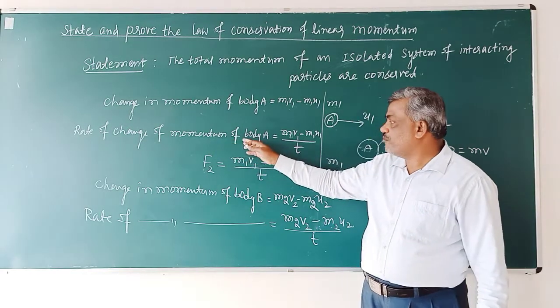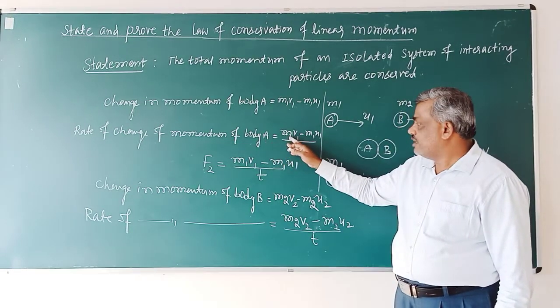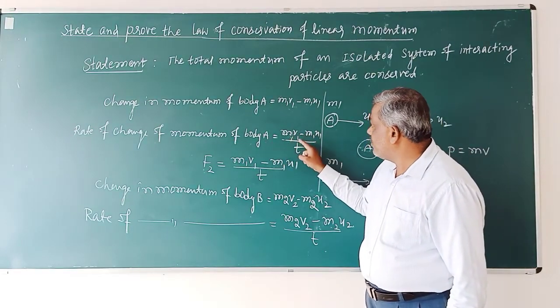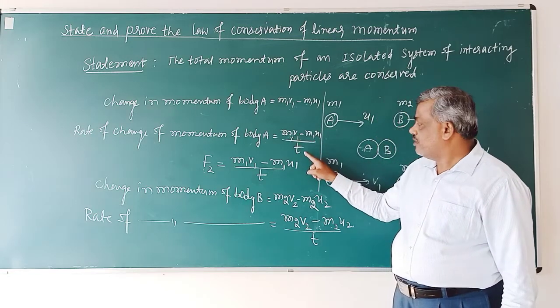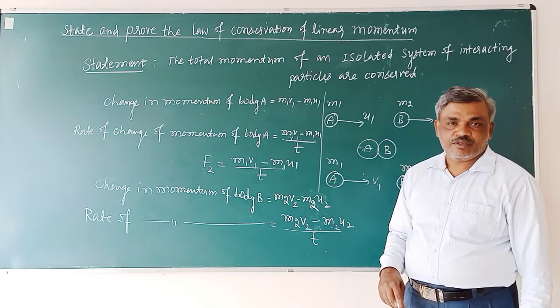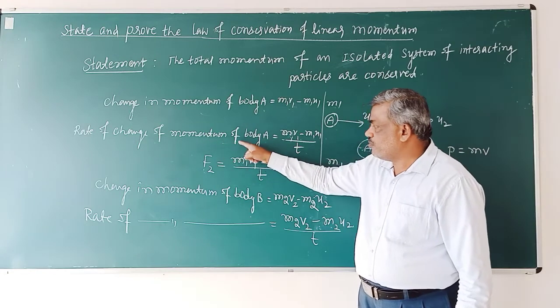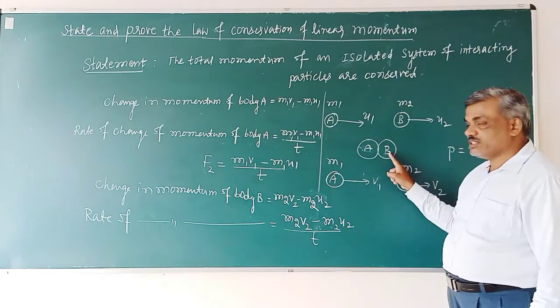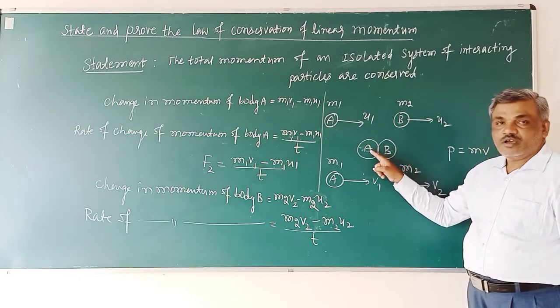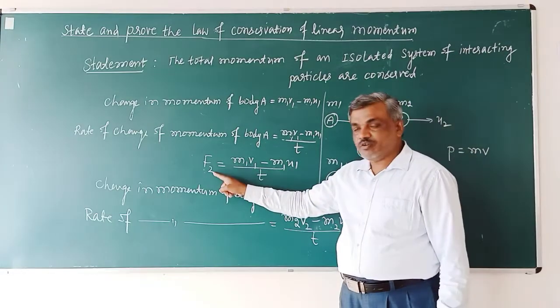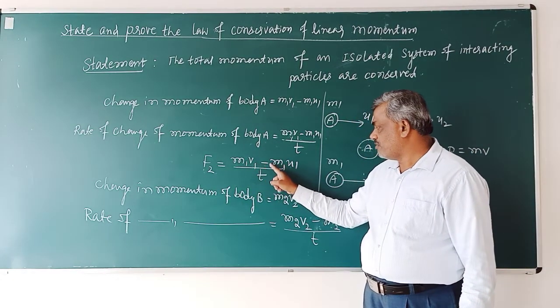Rate of change of momentum of body A equals m1 v1 minus m1 u1 by t. So the force exerted on body A, F2, is equal to m1 v1 minus m1 u1 by t.